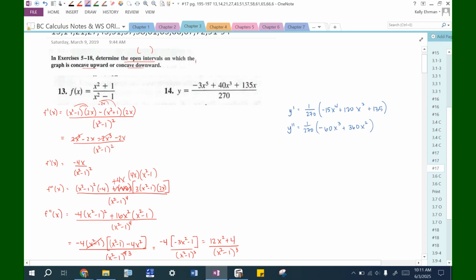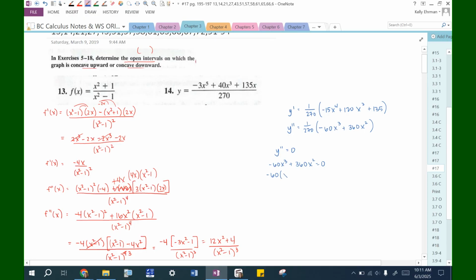And so we just want, when is this equal to 0? So y double prime is equal to 0 when negative 60x cubed plus 360x squared is equal to 0. I don't need the 1 over 270 because I could just multiply it over here. And we can take out a negative 60.